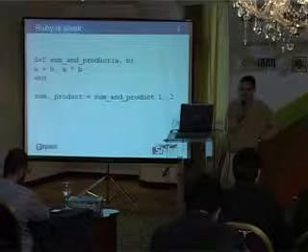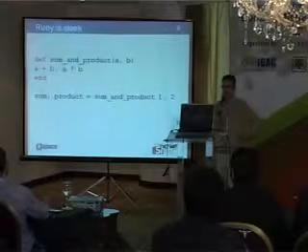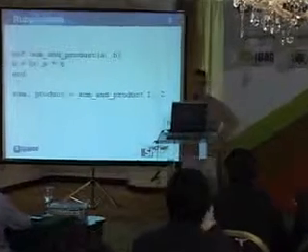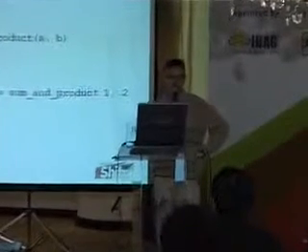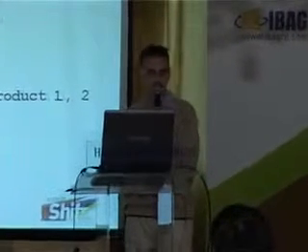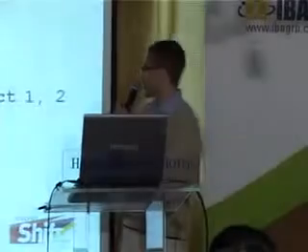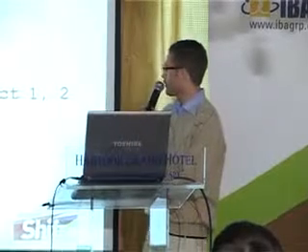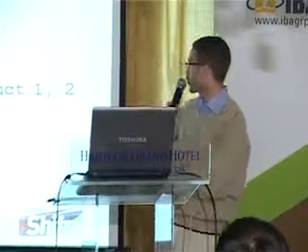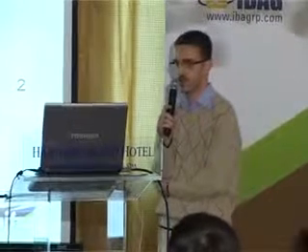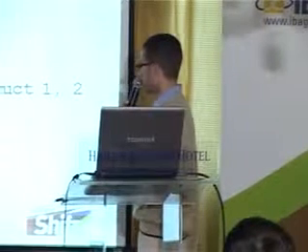Another example is building functions that can return more than one value at a time. Do you see this before? We have a function definition, def sum_and_product, that takes 2 arguments, a and b, and returns the summation and the product of these 2 arguments at the same time. How can we call this function?